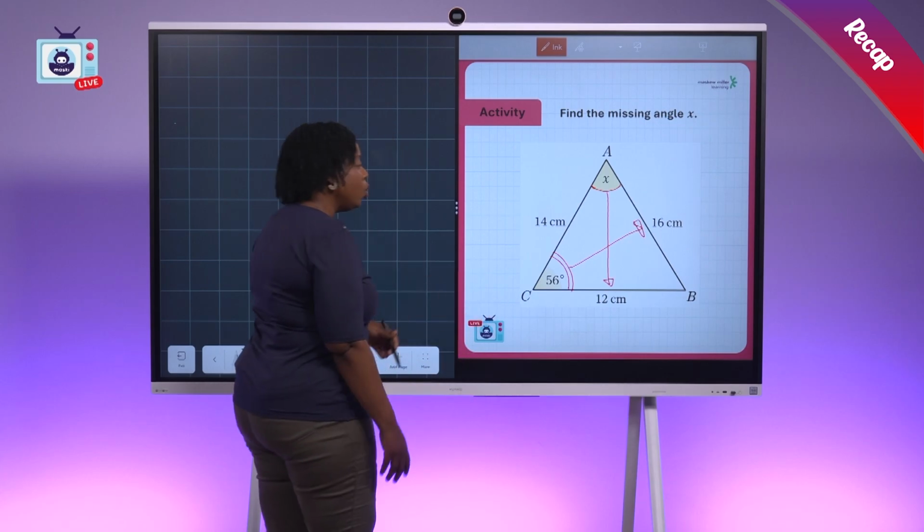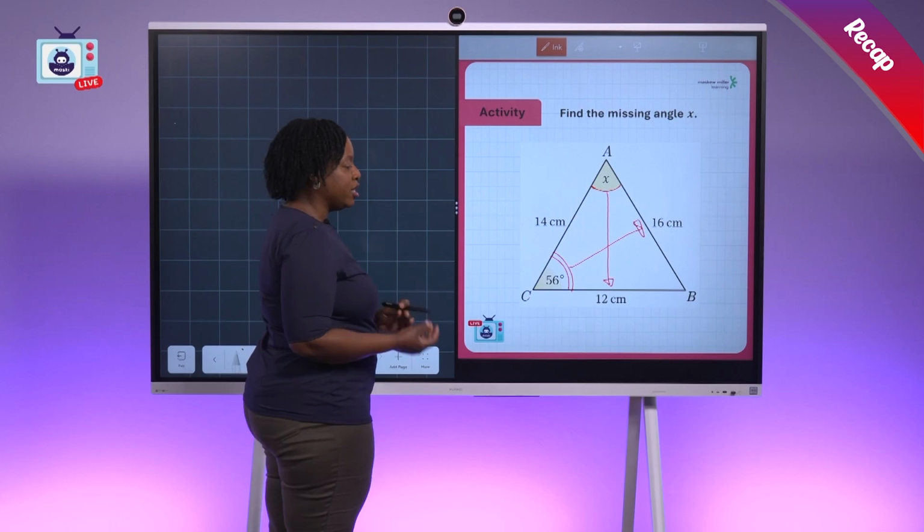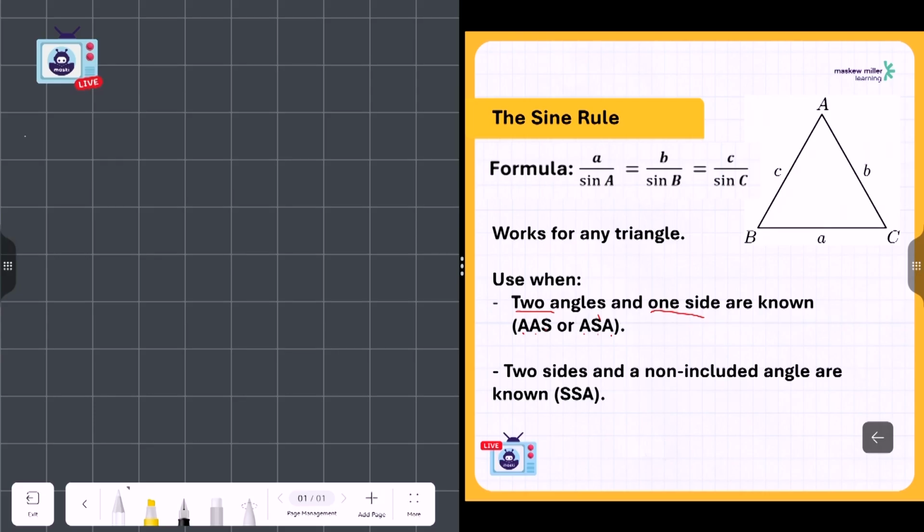So what do you do? You write your equation down. So normally we have that equation that we just spoke about here. We can actually flip it up. If you want, you can flip this equation and you start by writing it as sine A divided by a equals sine B divided by b, and also it can be equal to, notice, capital letter B, it has to be a small letter b, please remember that.